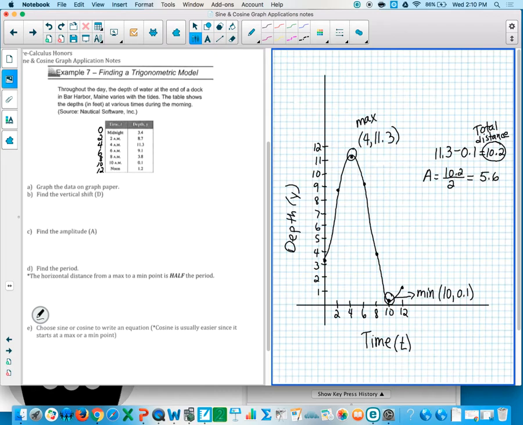So again, it's a little trickier counting-wise, but if I took 11.3 and subtracted 5.6, that would end up giving us our vertical shift line. So at 5.7, which I'm going to approximate on the graph. That's where we have our vertical shift. I didn't quite make that straight.